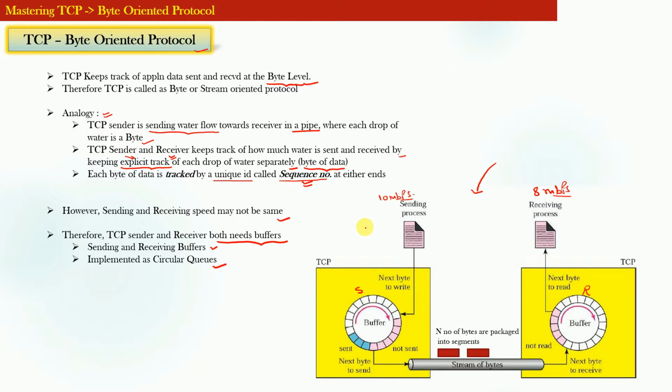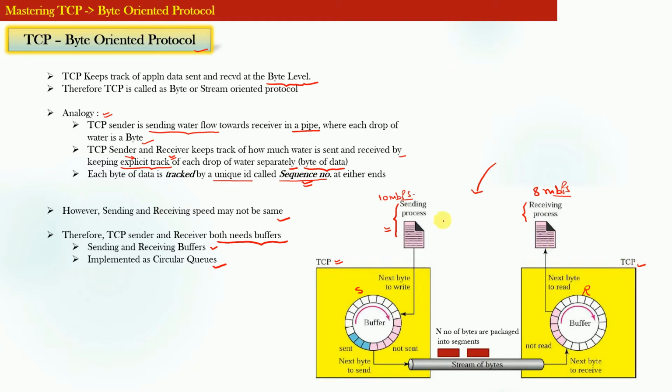Now let us try to understand what is going on in this diagram. You can see we have a process running at the application layer, which is the sending process. And we have a TCP protocol running in the transport layer on the sending side. Similarly, we have a receiving process running in the application layer, and a TCP protocol running in the transport layer on the receiving machine.